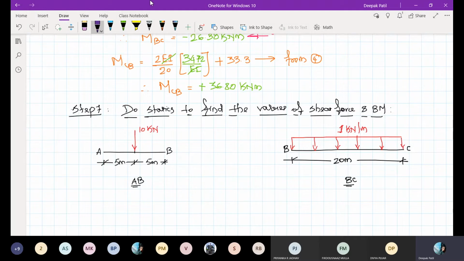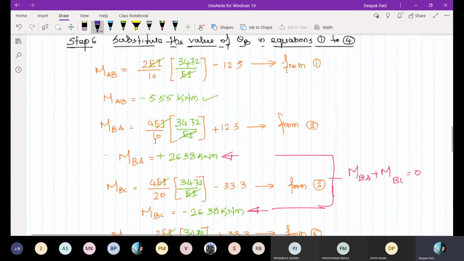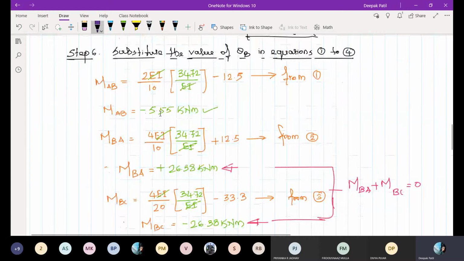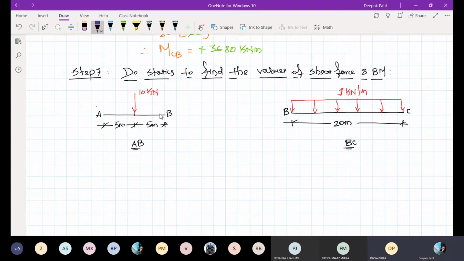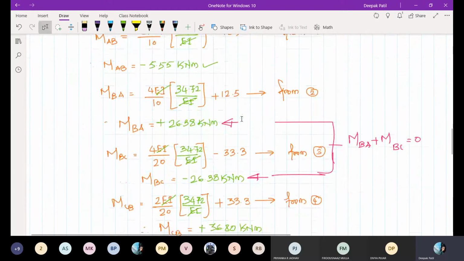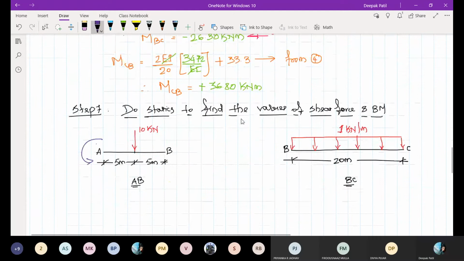Now you already know the values of MAB and MBA. Let me mark them. MAB I'm getting is minus 5.55, so should I write anticlockwise or clockwise here? Anticlockwise. So the value is 5.55.